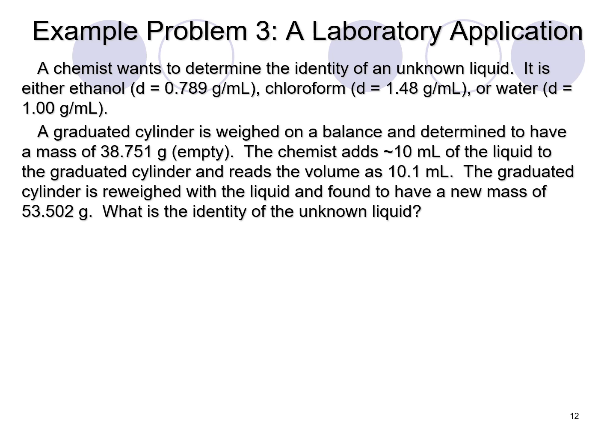We use a graduated cylinder and we weigh it on the balance while it's empty. So we have 38.751 grams. And we add a certain volume of liquid in, and we find that the volume is 10.1 milliliter. And with that liquid, the graduated cylinder now has a new mass, 53.502 grams. What about the identity of the unknown?